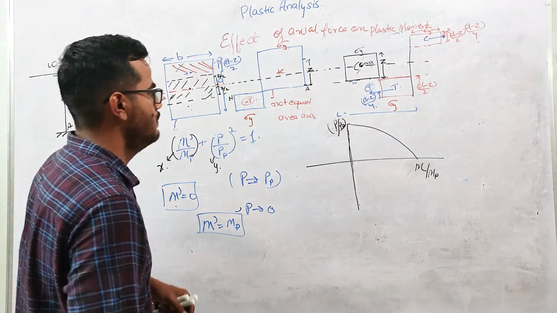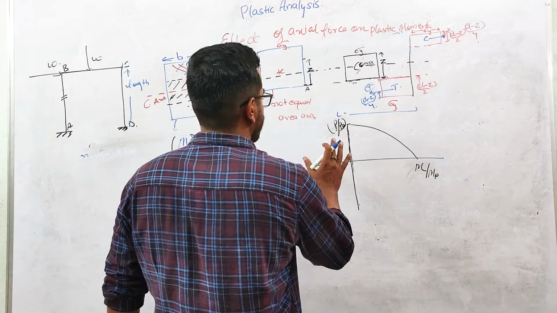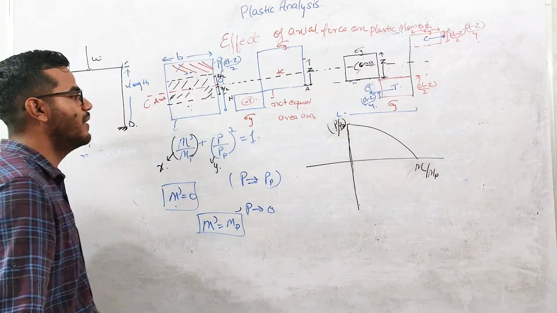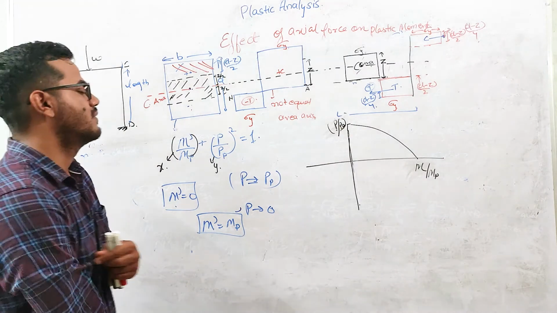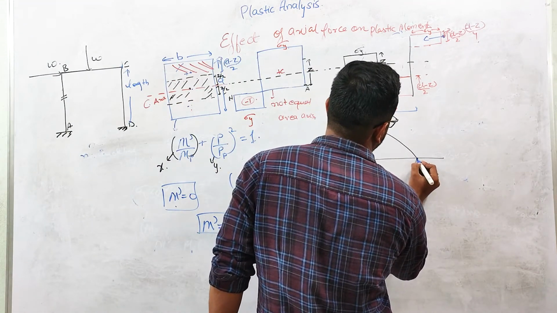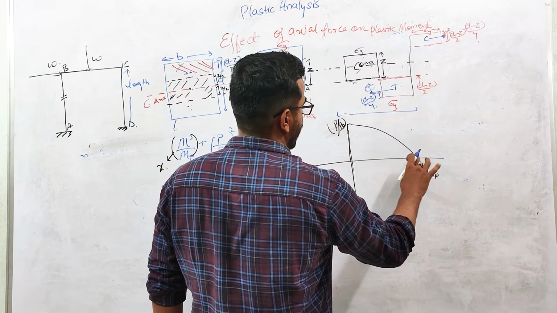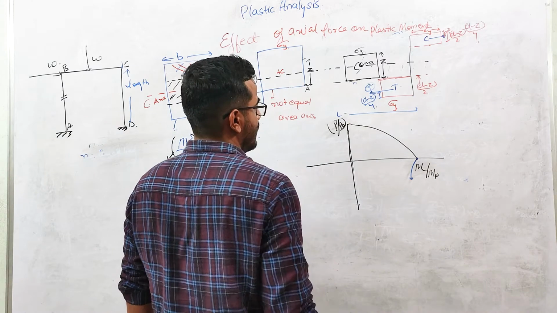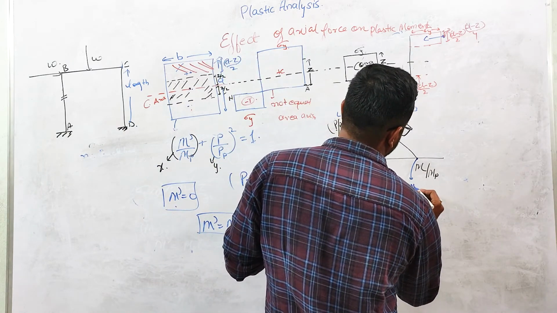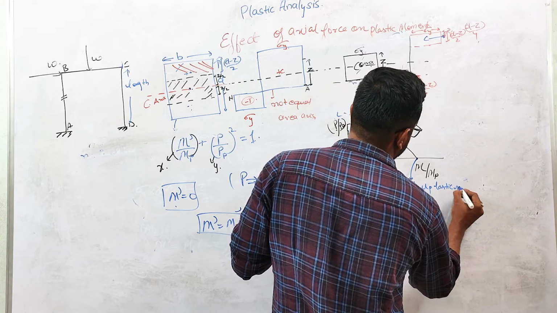So this is the relation, the interaction curve between these two variables. What is the meaning of this? If your loading acts here, suppose axial force is 0, then full plastic moment will be there.